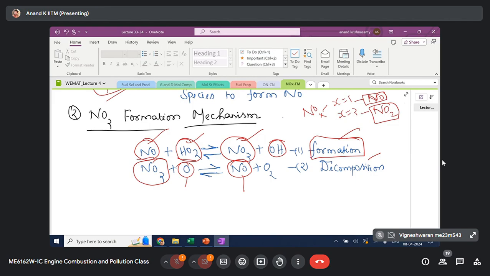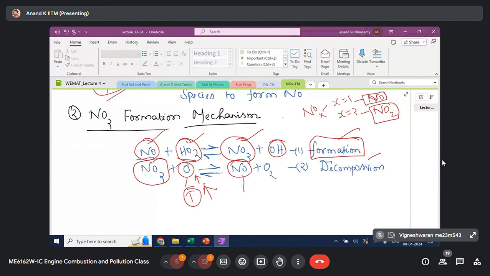In the second step, NO2 is getting back to NO with the availability of O radical. O radical availability is based on in-cylinder temperature conditions. When temperature conditions are high, you will have high O radical available, and whatever NO2 is formed in the cylinder will get back to NO.